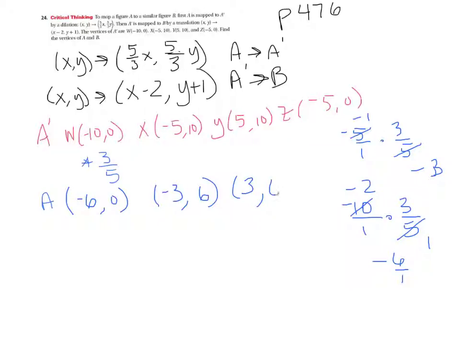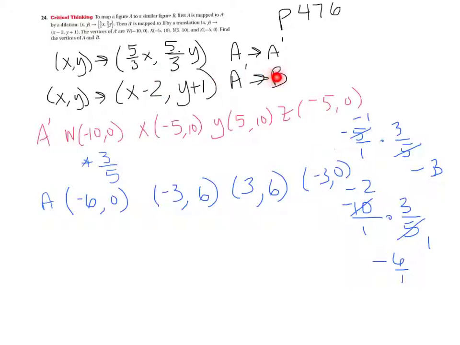I got negative 3, 0. Okay, so there's A. I now need to apply this translation right here.